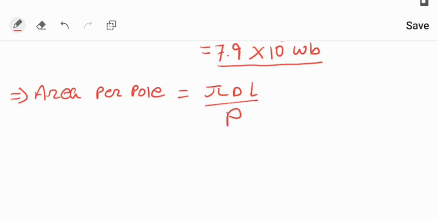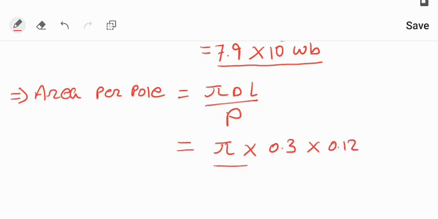Now, area per pole is equal to pi D L divided by P. Here D is the diameter of the motor and L is the length of the core. We simply put pi into D, the diameter of the motor, which is given as 0.3 meter, and the length of the core is given as 0.12 meter.